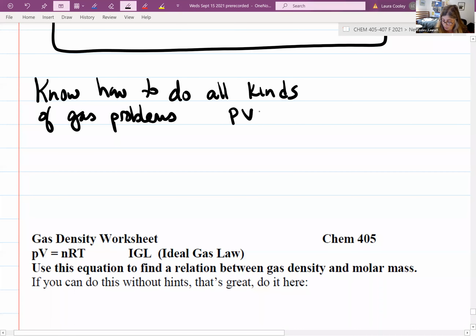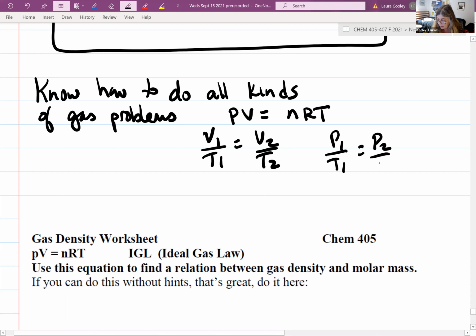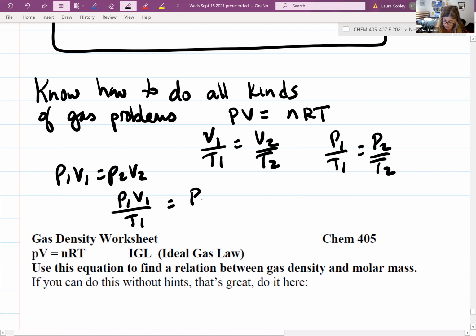You might have to use PV equals nRT, or V1 over T1 equals V2 over T2, or P1 V1 equals P2 V2. You can put these laws together. This is what's called the combined gas law.